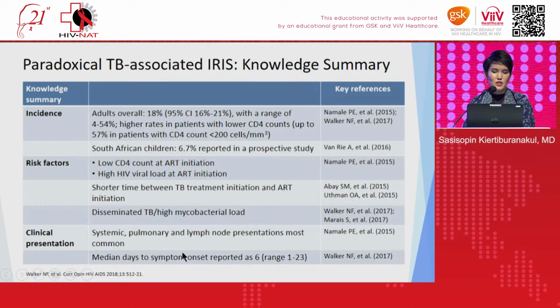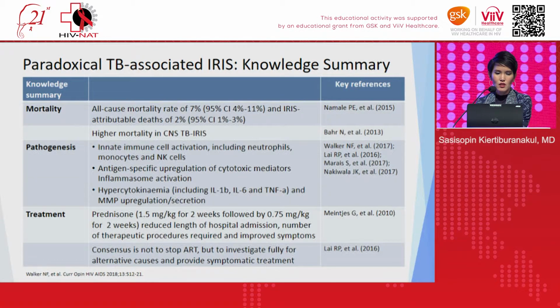The clinical presentation may be systemic, but pulmonary or lymph node presentation is the most common. The median time to symptom onset is reported around 6 days, but it can range from 1 day to around 3 weeks. The all-cause mortality is about 7%, but the IRIS-associated death is only 2%. We can see higher mortality in patients who have CNS TB IRIS.